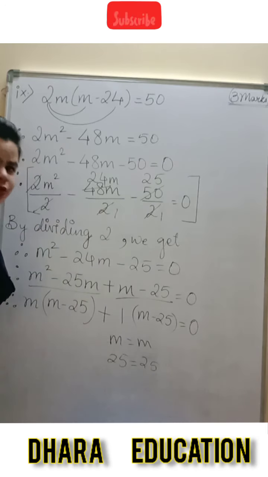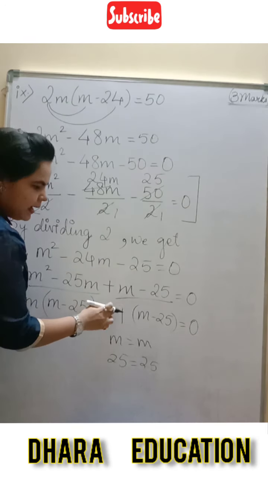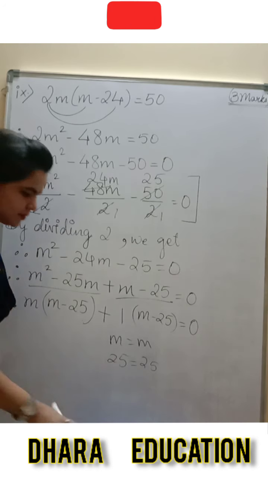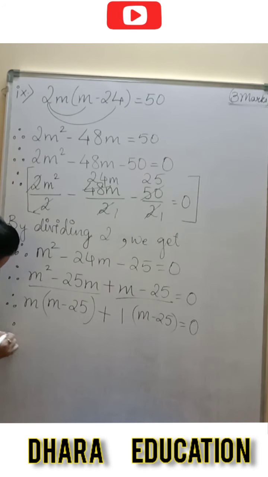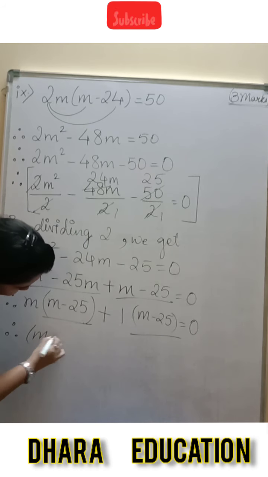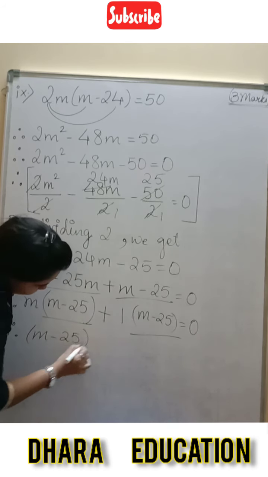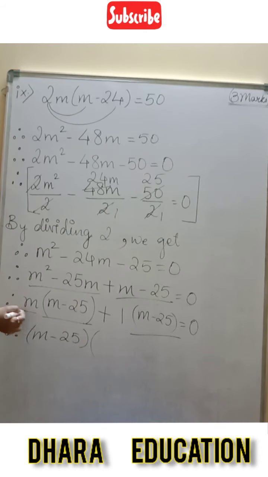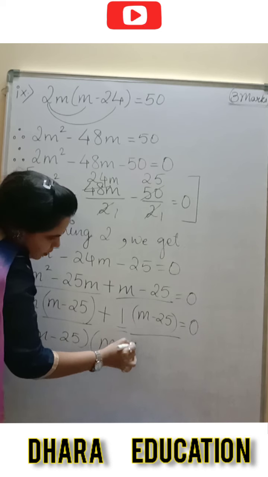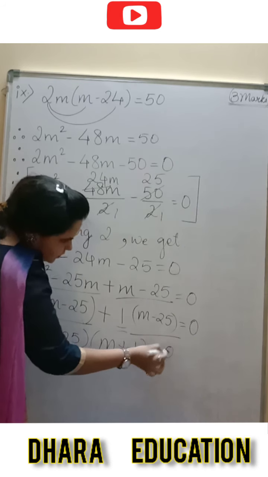Nothing is common in there, so that is why I have put 1, plain and simple as this. The next step will be to take this particular term m minus 25 and the remaining part, that is m plus 1 is equal to 0.